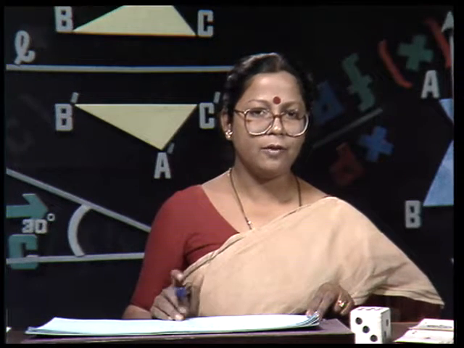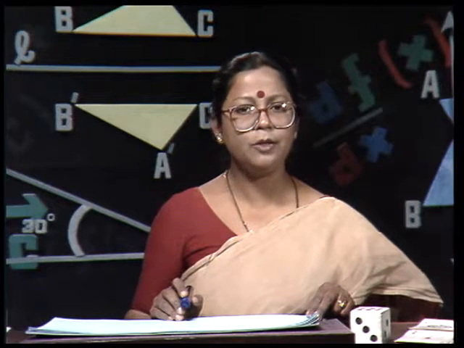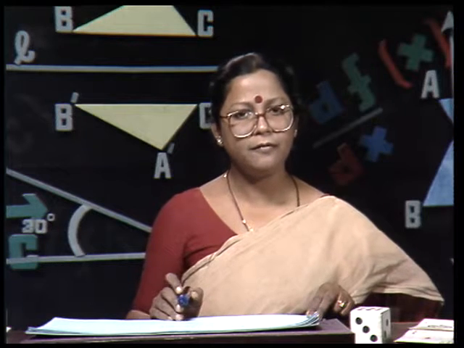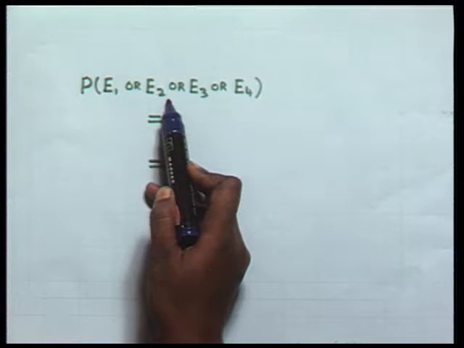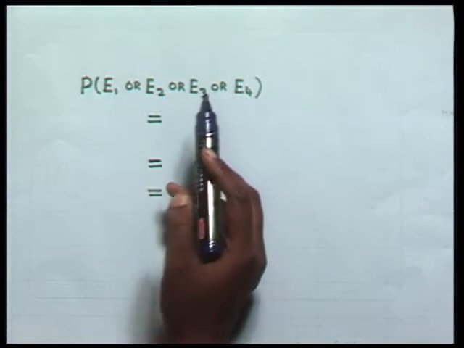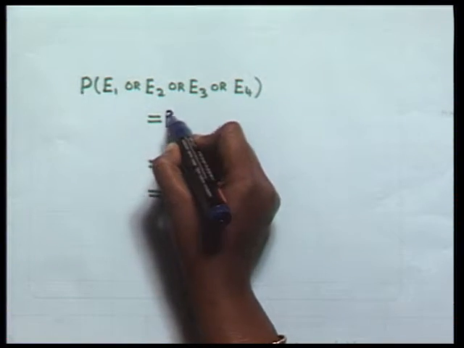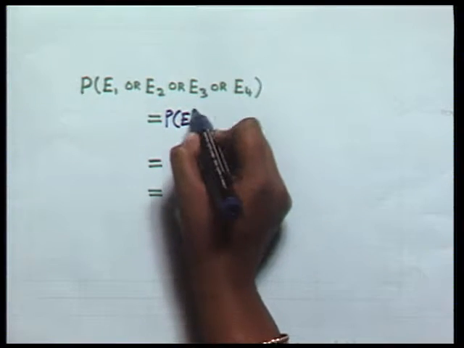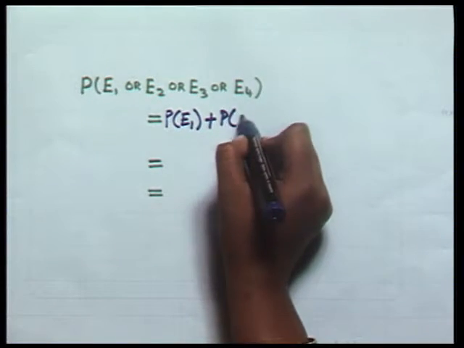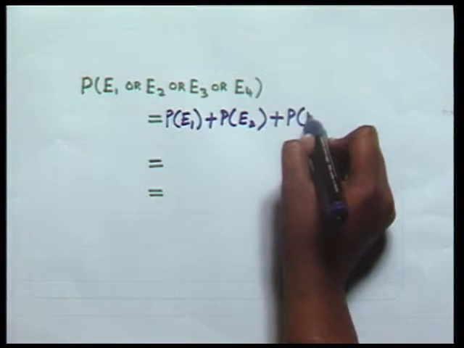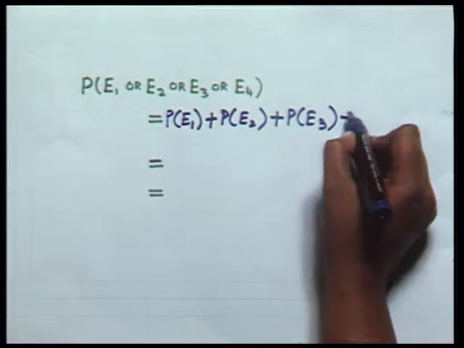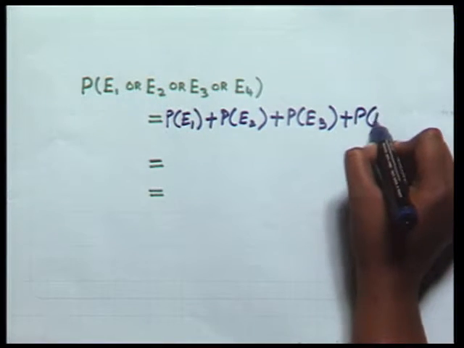Now, since E1, E2, E3 and E4 are mutually exclusive and exhaustive events because their union gives us the sample space, therefore, probability of E1 or E2 or E3 or E4 will be equal to probability of event E1 plus probability of event E2 plus probability of event E3 plus probability of event E4.